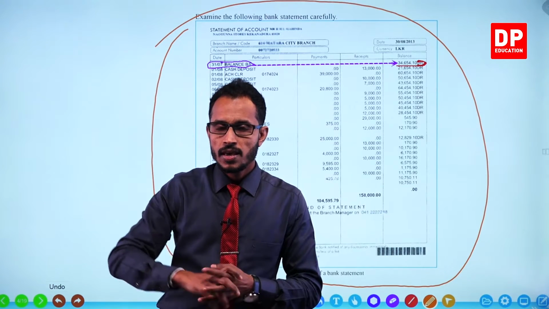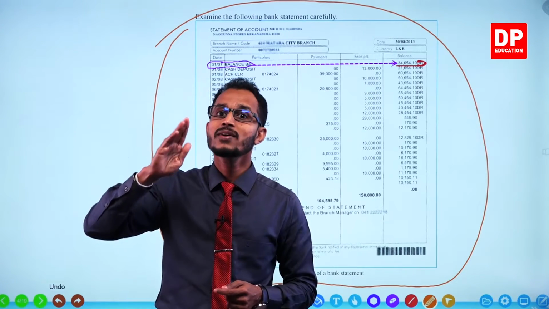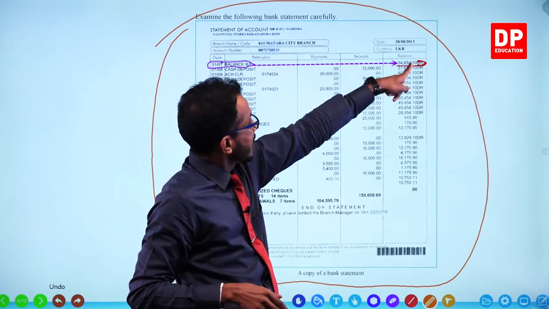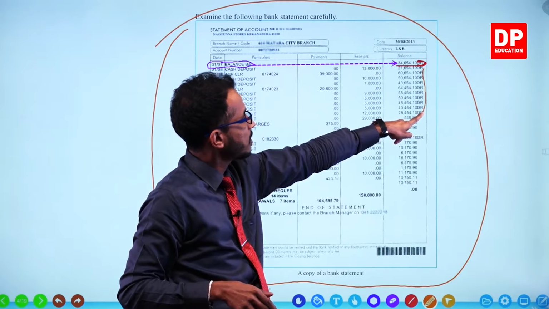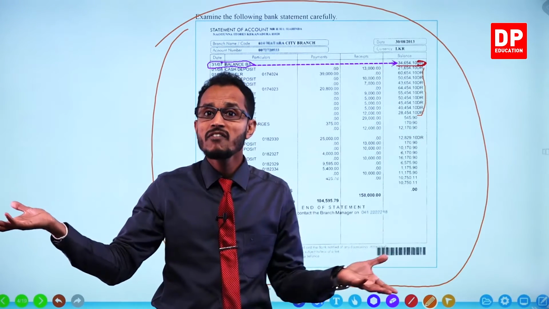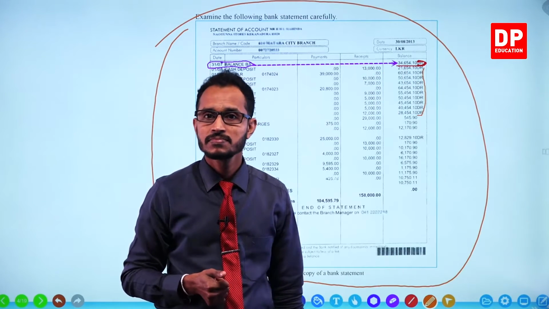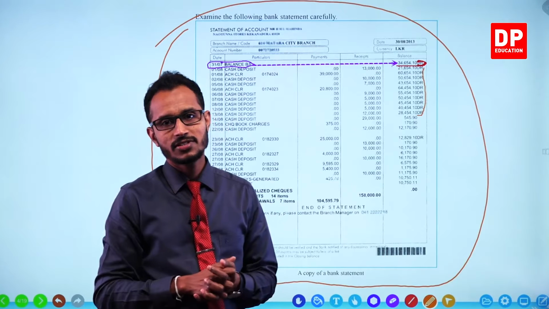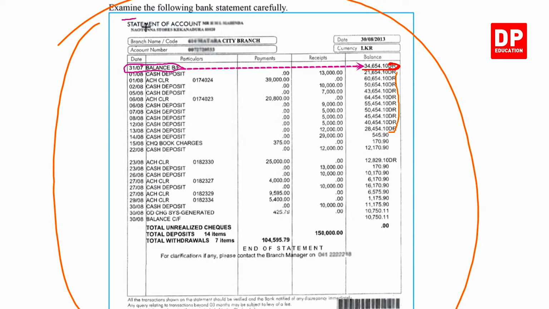So if we have a balance in our account, it should be credit in the bank statement. But here it is debit. See, DR means debit, which means we don't have a balance in our bank account. This is an overdraft. This is an OD, the account of this business.